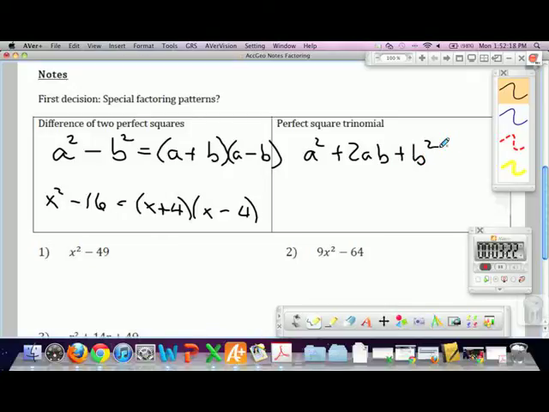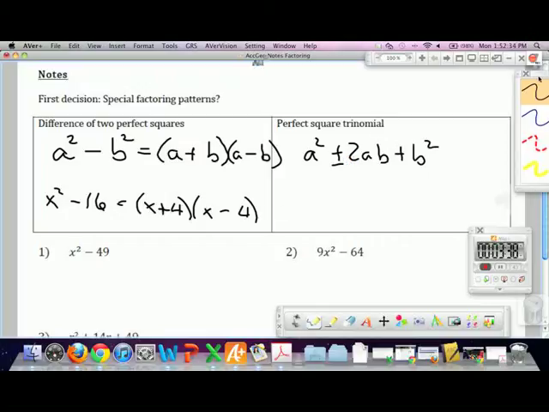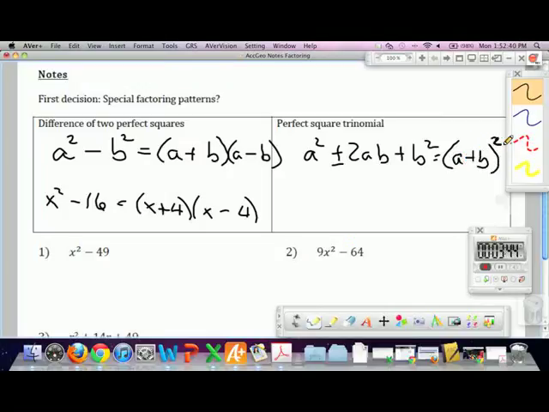If I have perfect squares on either end, and this can actually be a minus as well, then if I multiply the two square roots and double it, I get the middle term. If this is where we start, then this factors to a perfect square, a plus b squared. Or if this is a minus, then it factors to a minus b squared.